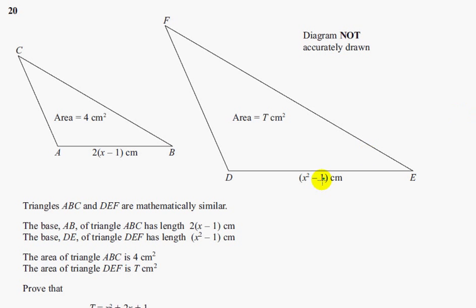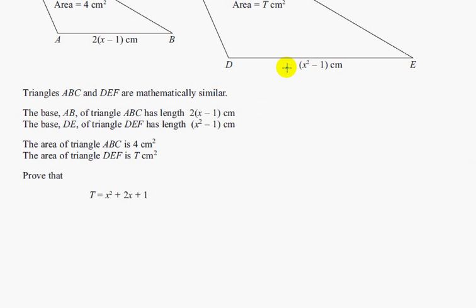So first of all, we need to find out how many times bigger this is compared to this. So that means we need to divide this by this. So the scale factor is x squared minus 1 divided by 2 times x minus 1.